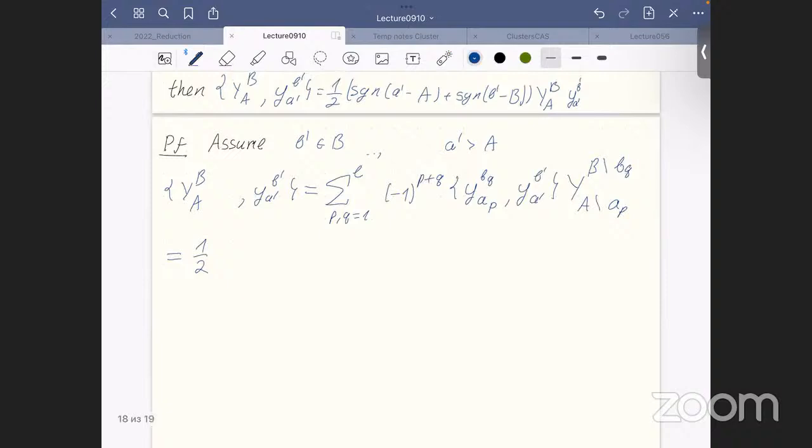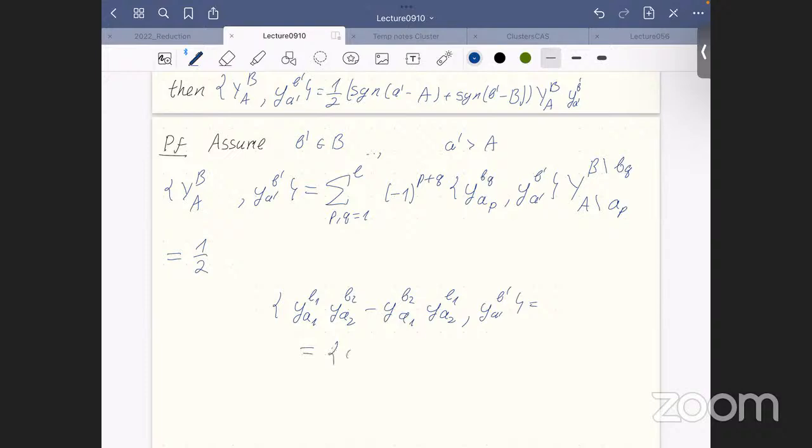So for example, if L is equal to 2, then here we have the bracket of what? Y A1 B1 A2 B2 minus Y A1 B2 A2 B1. It is equal to a sum of 4 terms.